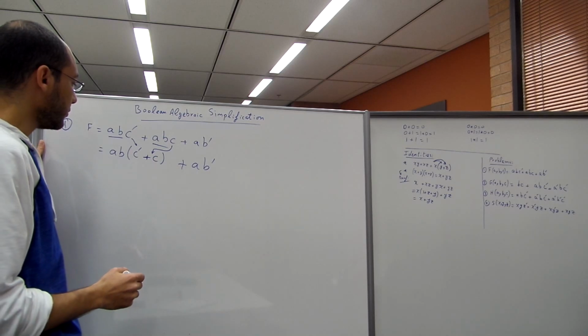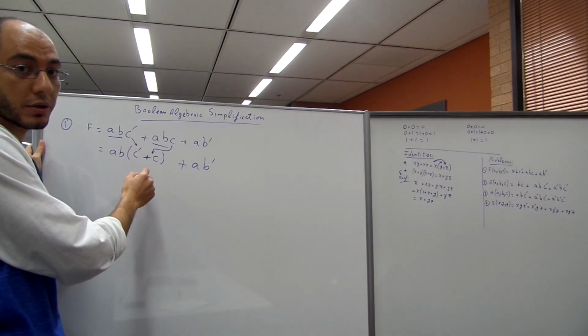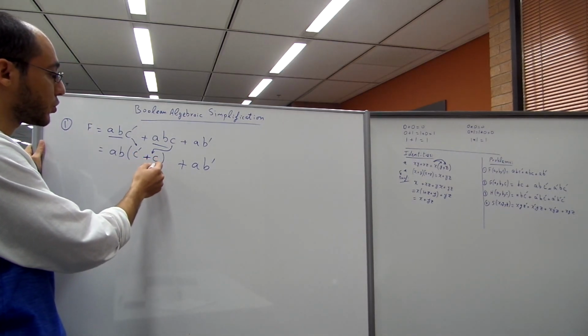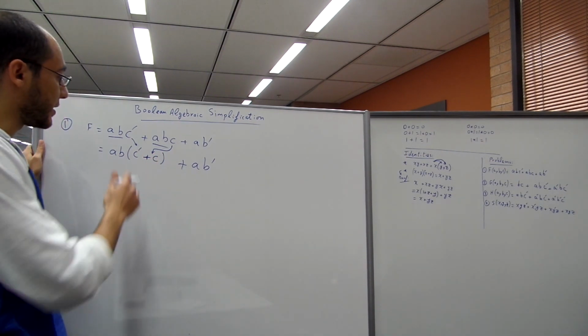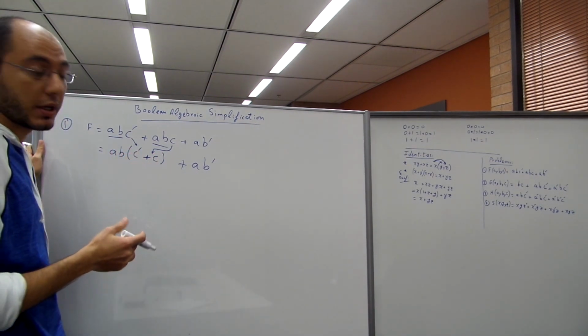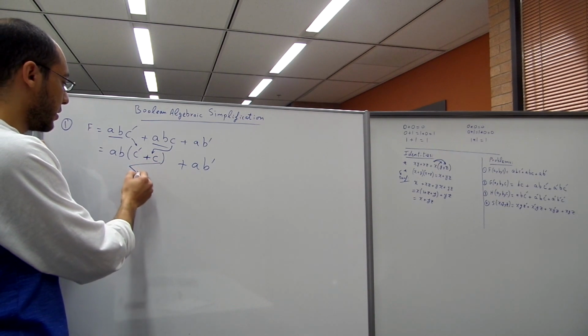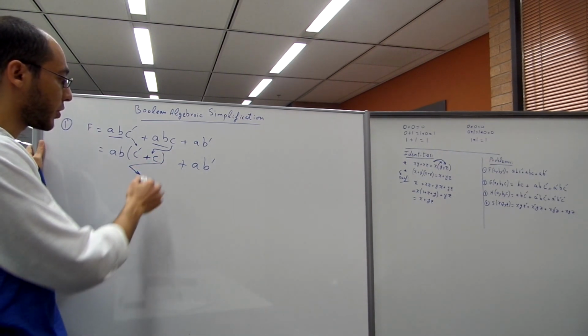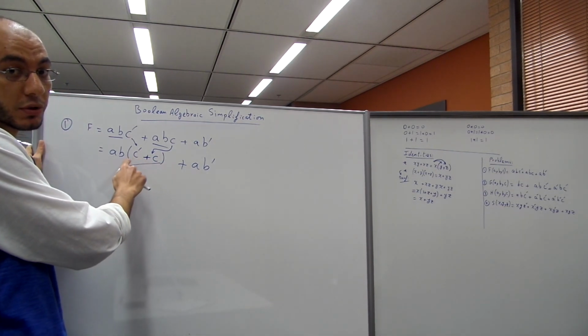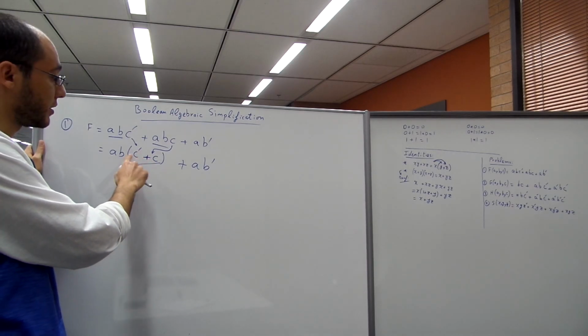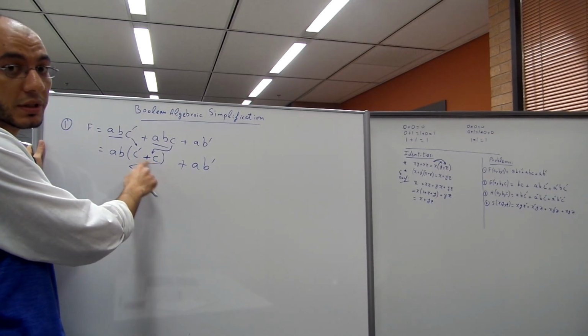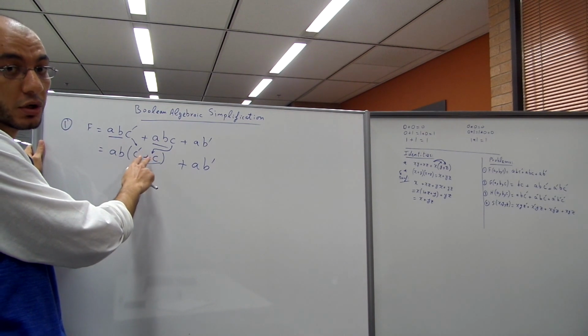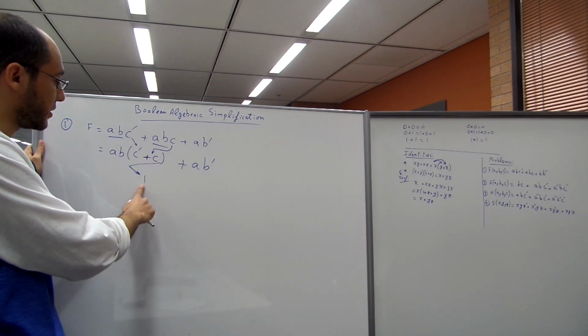So what is C plus C bar? If you have C, which could take either 0 or 1, and C bar, which could take 0 or 1, you'll find that this is equal to 1. Why? Because if C is 0, then C bar is 1, and the addition of 0 plus 1 is 1. And if C is 1, then C bar is 0, and the addition of 1 plus 0 is also 1.